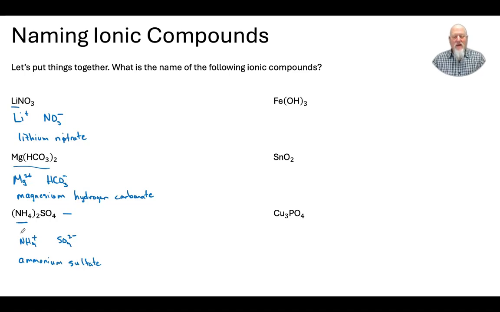Okay. Fe(OH)3. We can see we've got a polyatomic ion here, and there's 3 of them. So iron is one of those metals. It's a transition metal, and it can have more than one ion. So there's an Fe2 plus and an Fe3 plus. We need to figure out which one it is, and we figure that out by the anions.